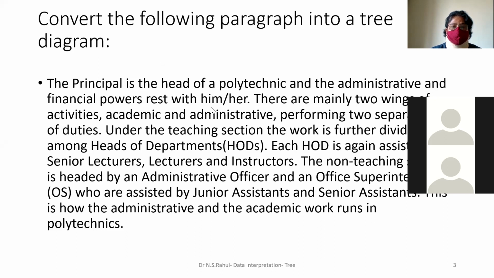What is the paragraph talking about? What is this paragraph about? Polytechnic staff and principal. Non-teaching staff. Yes, this is about polytechnics, principal and staff, teaching and non-teaching staff.